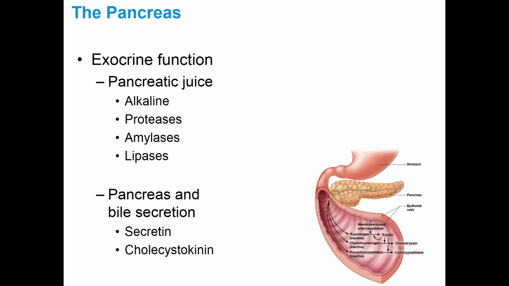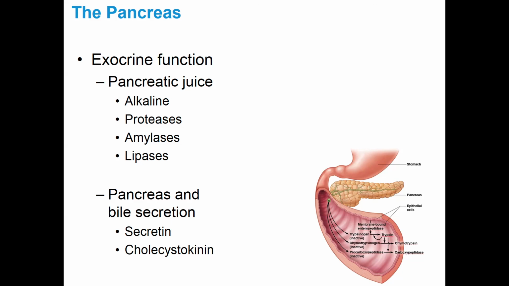Other things there, things that cause secretion of pancreatic juice. So we talked about cholecystokinin in the first part of the chapter. So that is going to be secreted by the cells of the duodenum. And so in response to a high-fat meal, they will secrete cholecystokinin. And so CCK then travels in the bloodstream, eventually reaches the receptors there in the pancreas and causes the release of pancreatic juice to break down that fat.